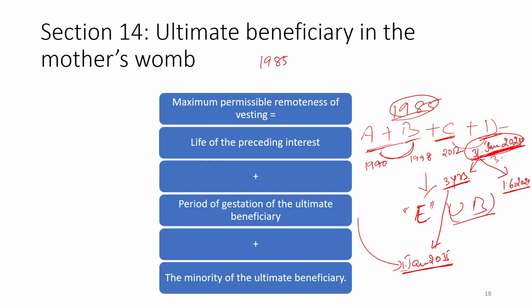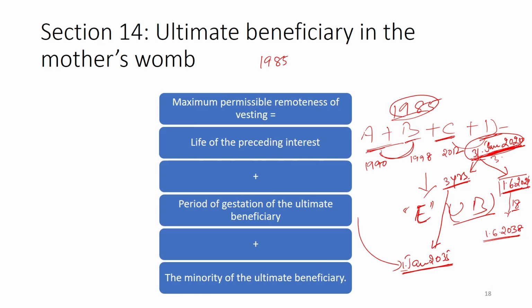After 6 more months, completing 9 months, there was the birth of this child, and from then 18 years will be counted again from 1st June. So, all the property is going to be vested on 1st June 2038.